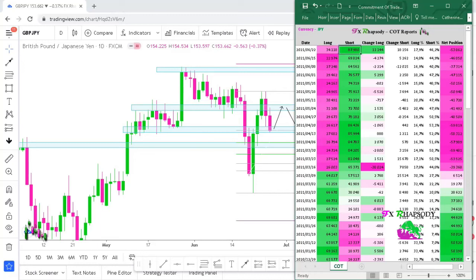So the net effect of the change is getting weaker. A lot more shorts were put in the market than longs, meaning that it is a weaker Japanese yen.